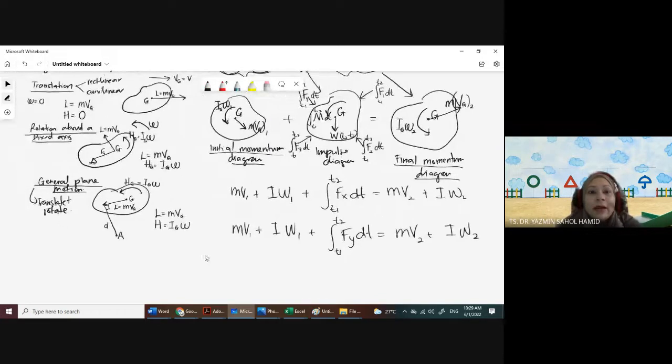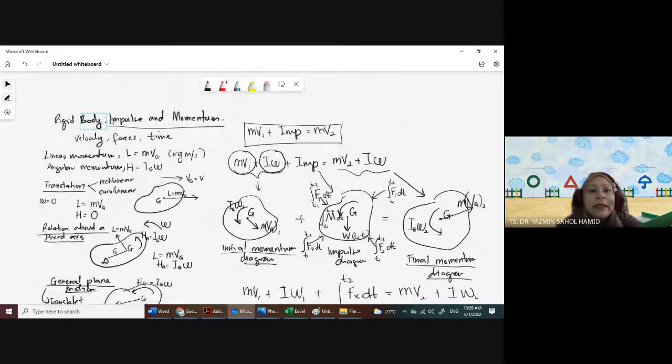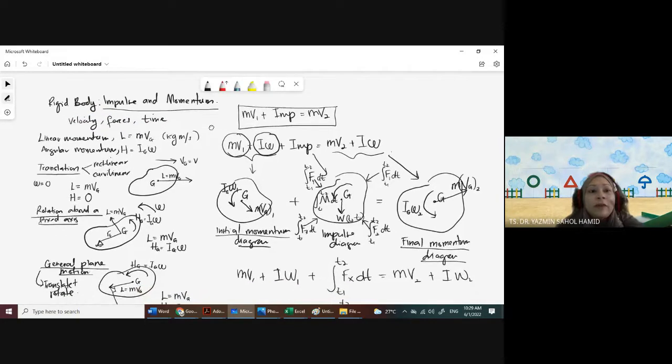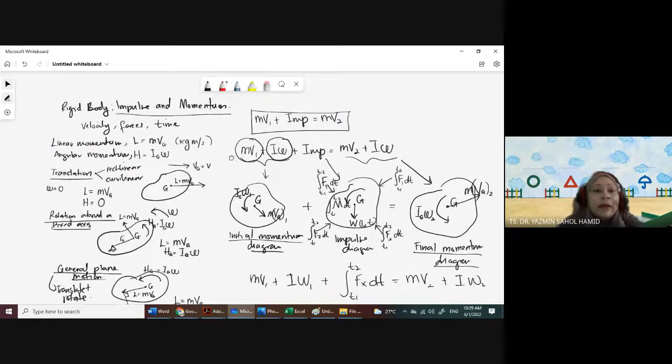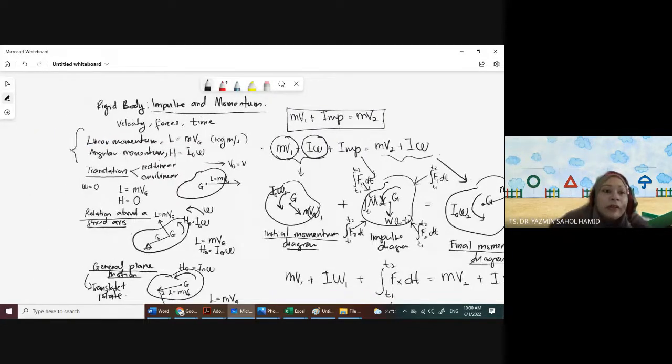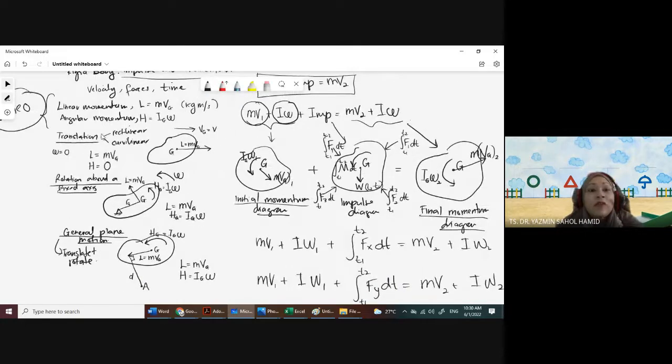Alright, so number one, you must understand linear impulse momentum. What we want to do is we want to solve the velocity, force, and time. So for this kind of question, you have to understand what is linear momentum and angular momentum. I will share you a short video explaining what it means. Then you must understand the type of motion that can be involved.